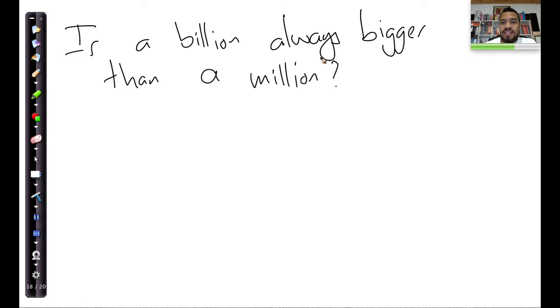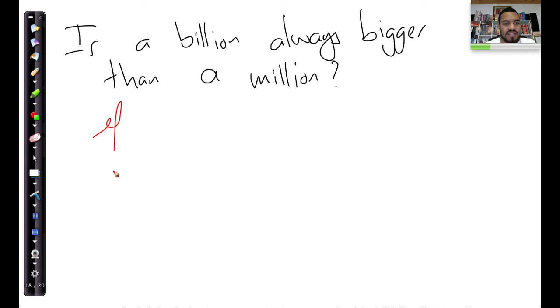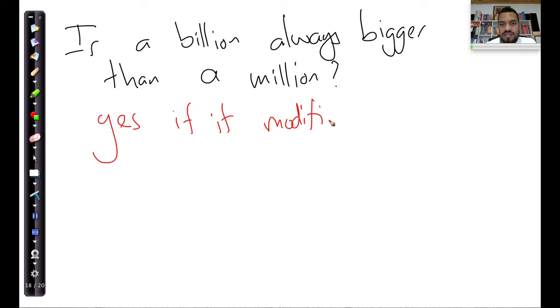A billion is not always bigger than a million. It's only always bigger than a million if it modifies, or describes, or measures the same noun.